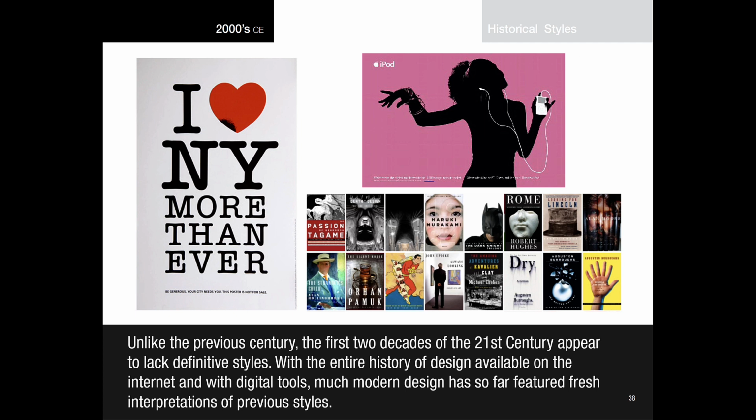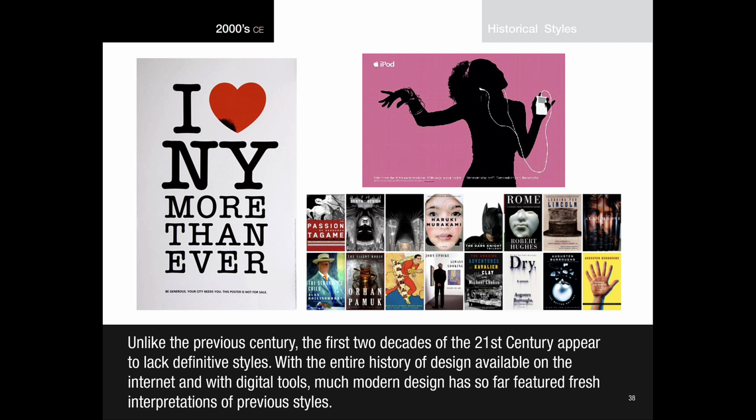And then we start getting into more contemporary design. I put this one in here. This was on the left. You'll recognize that from the I Love or I Heart New York campaign I showed you earlier. This was a revision Milton Glaser did after the 9/11 terrorist attacks. And I put it in there, and if you know anything about the layout of New York, the terrorist attacks took place in Lower Manhattan.